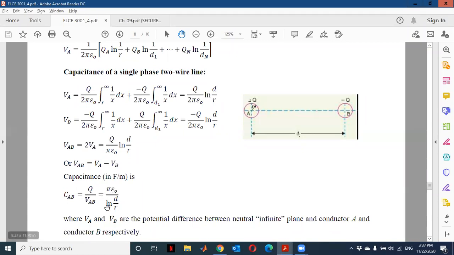D is the distance between conductor A and B, and r is the radius of conductor A or conductor B, because RA equals RB. You have to know how to derive this one.